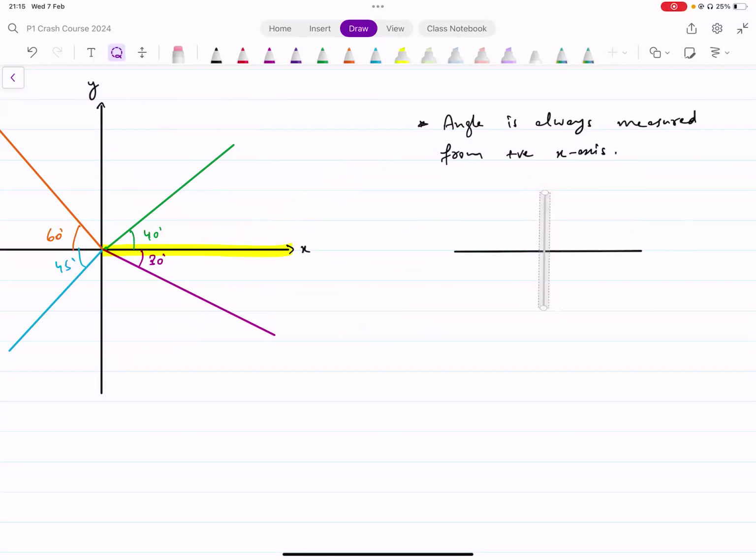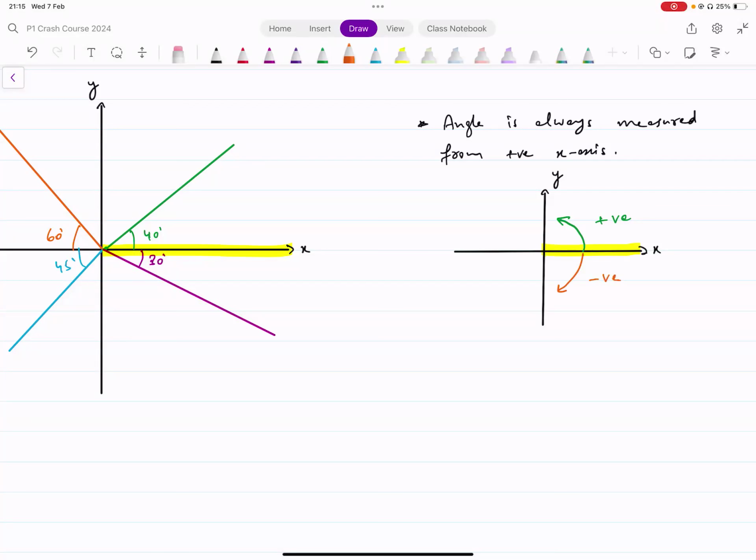I'm sorry, this is the y-axis, this is the x-axis. Since we're always measuring angles from this, when we go in the anti-clockwise direction, we say the angle is positive. And when we go in the clockwise direction, we say the angle is negative.